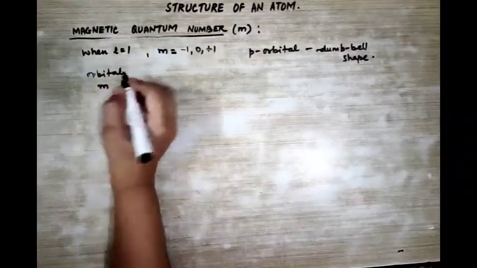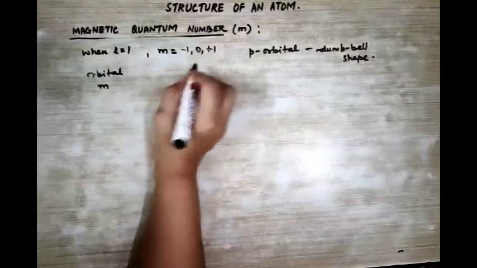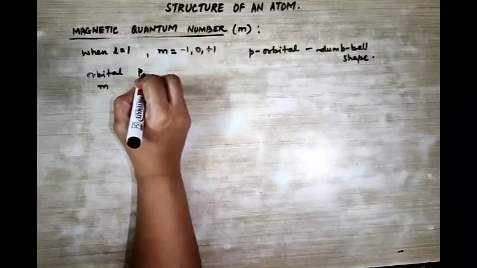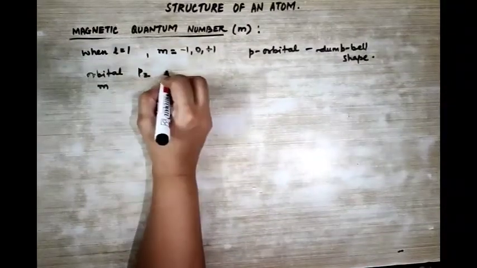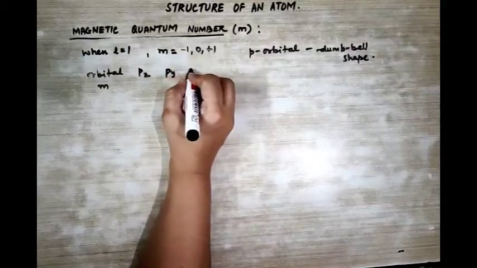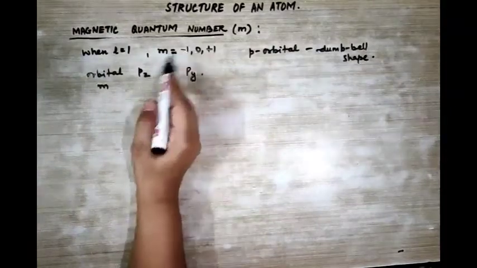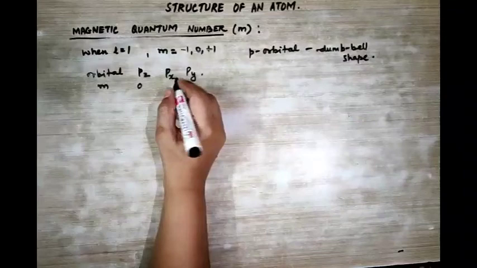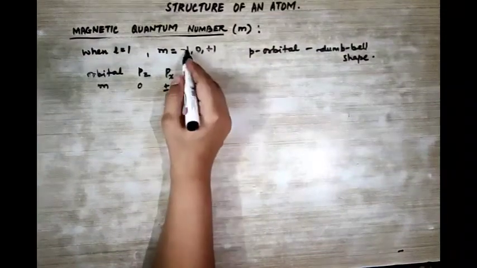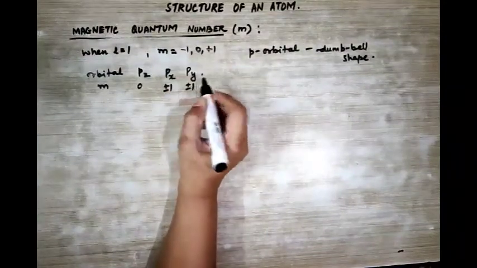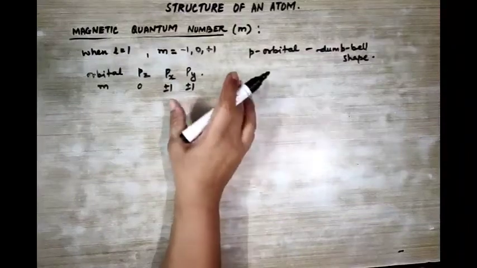Orbital, it is M. So what are those three orbitals that you're going to see? It is Px, Py and Pz. Pz will always be 0. This is plus minus 1. This will also be plus minus 1. Okay.